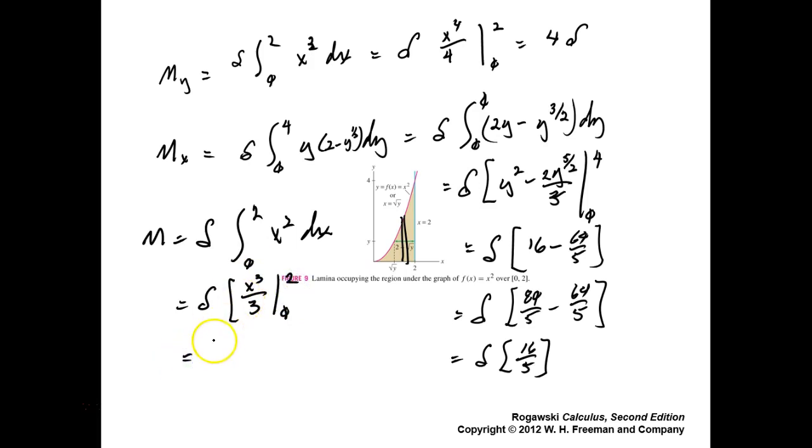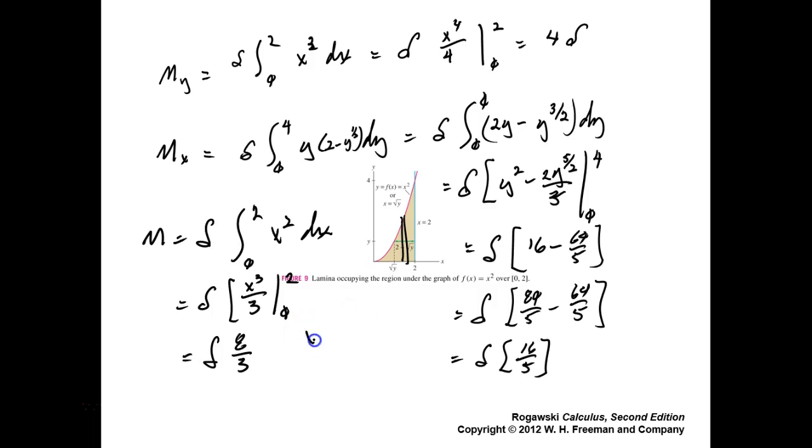And that would be delta times 2 cubed, which is 8 divided by 3, right? All right, 8/3. Now, that's your denominator for both of them.